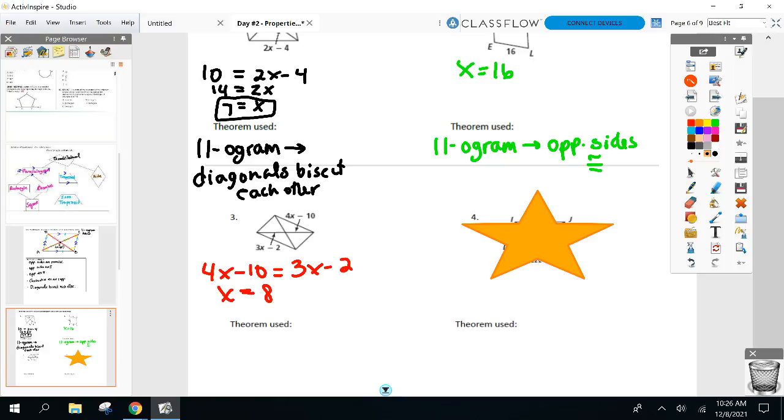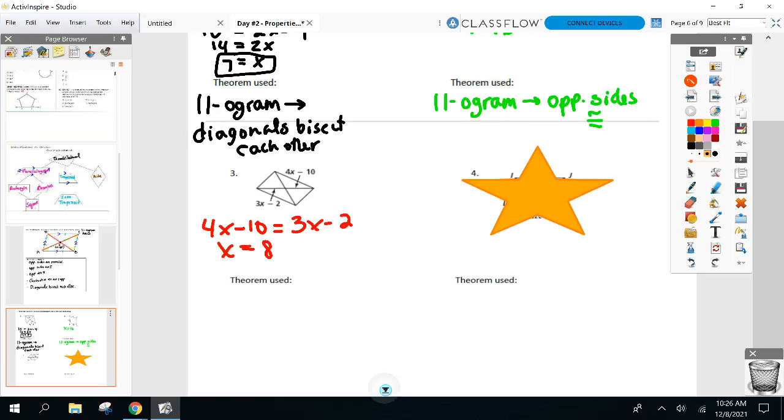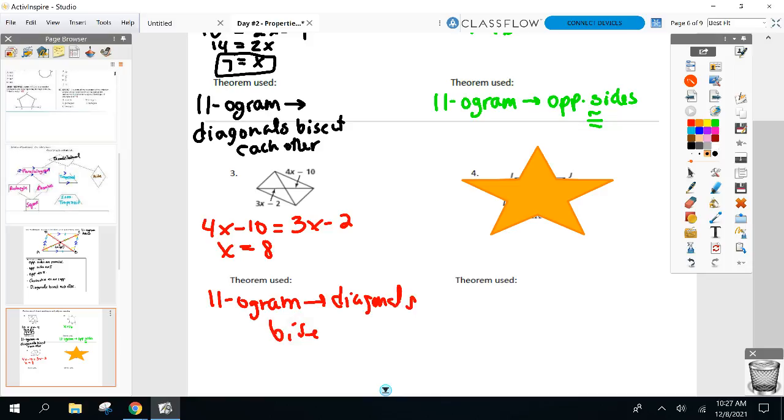X equals 8. And then theorem. There you go. Not too challenging at all. Now we will, though, when we get to the angles.